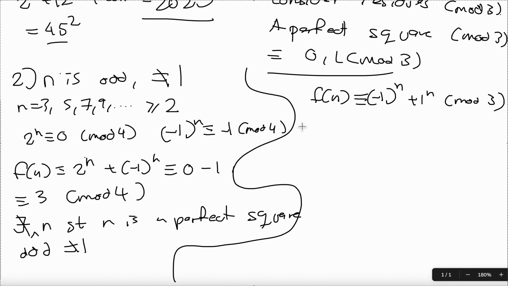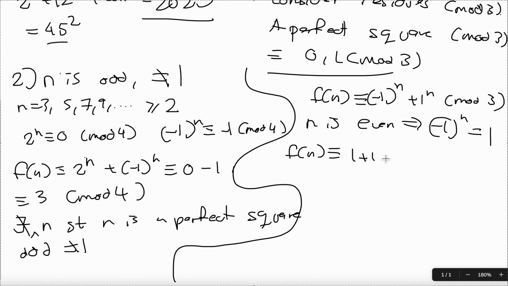So considering n is even, n is even implies that minus 1 to the n equals 1. So we get f of n when n is even, which is going to be congruent to 1 plus 1, which is going to be congruent to 2 mod 3.